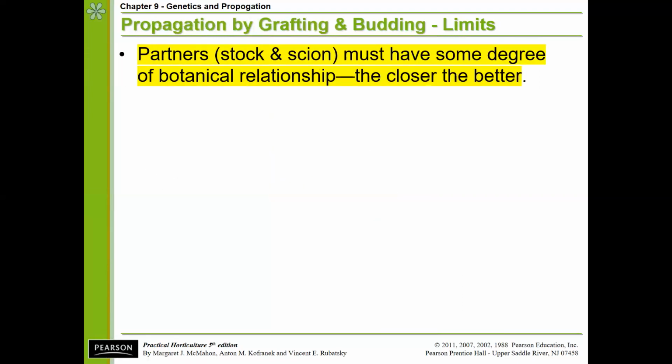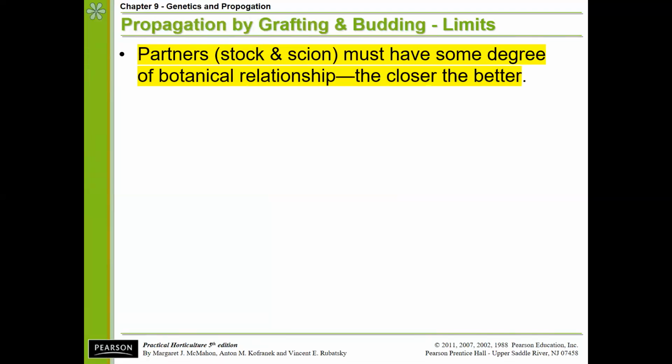Whenever we look at grafting of any type, we have to have some degree of botanical relationship. And the closer they are related, the better. The more successful a graft it will be. Although there are some examples where you can do intergeneric grafts, we don't know of any cases where you can do grafts in between different families.